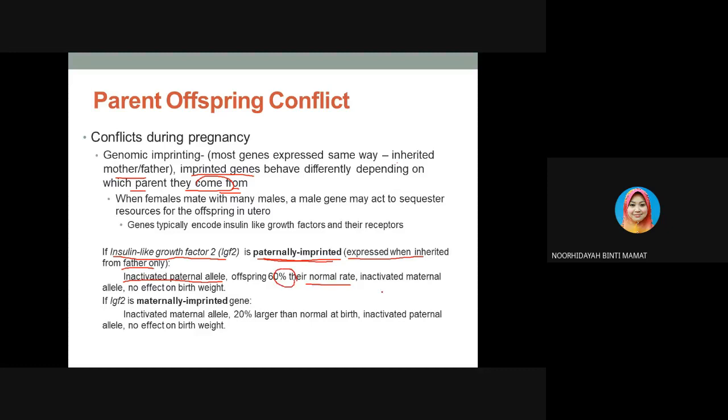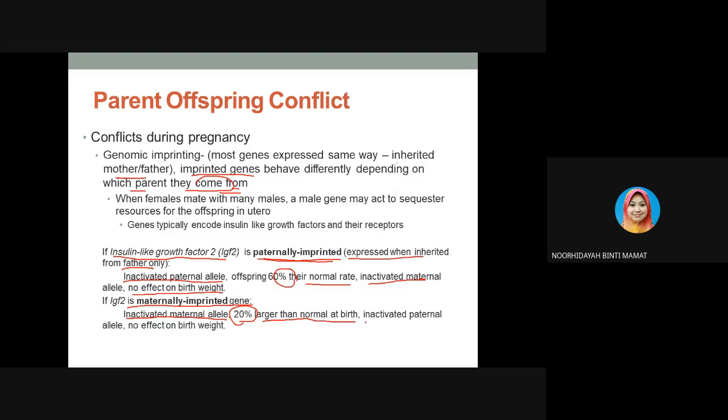But when the maternal allele is inactivated, there is no effect on birth weight. And for insulin-like growth factor 2, IGF2, the gene that encodes the growth factor, it is a maternally imprinted gene, which is expressed only when inherited from the mother. So when the maternal allele is inactivated, 20% of the offspring are larger than normal at birth.